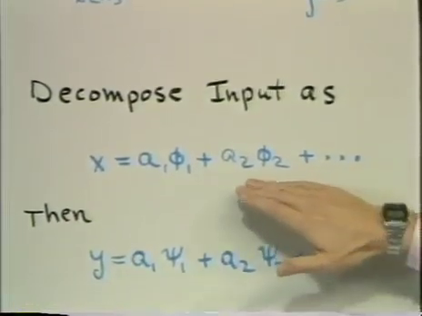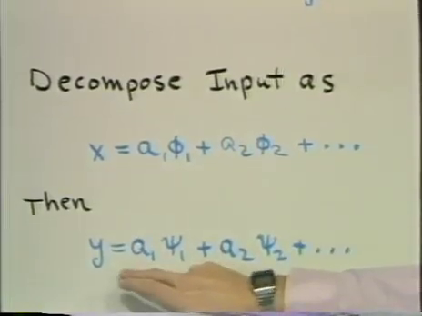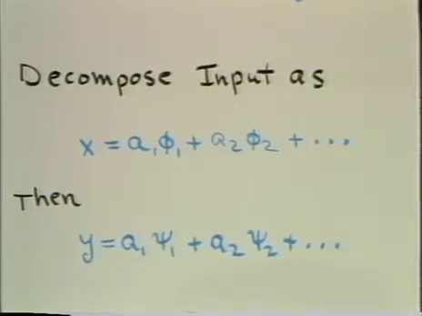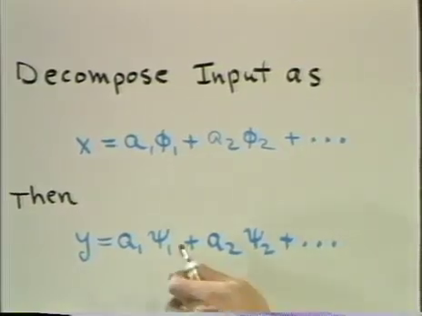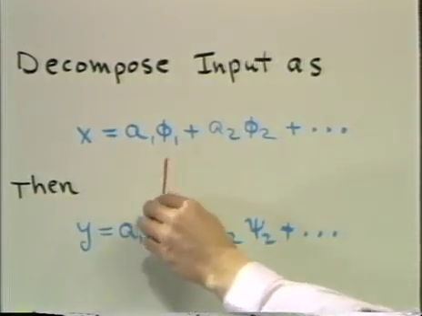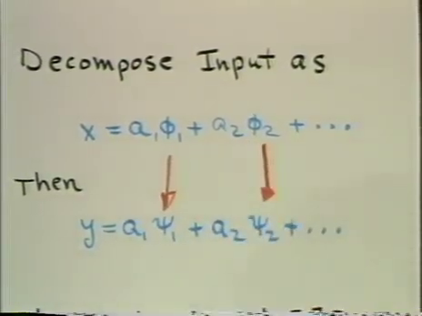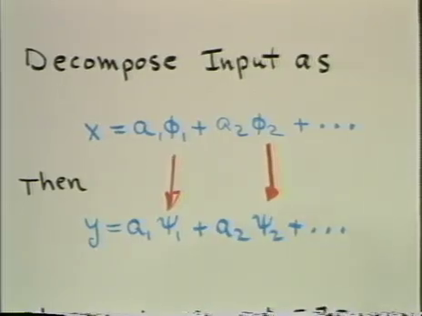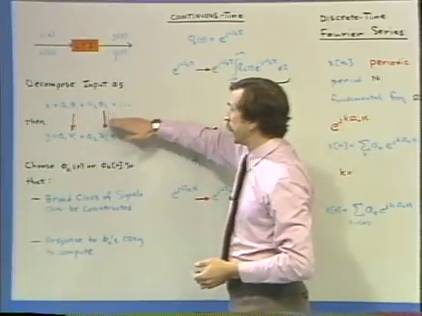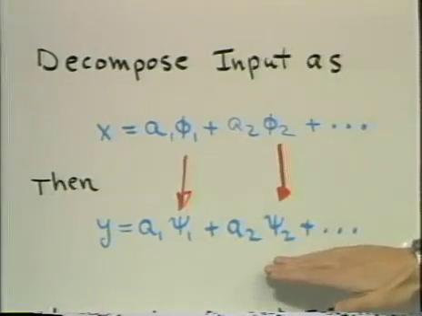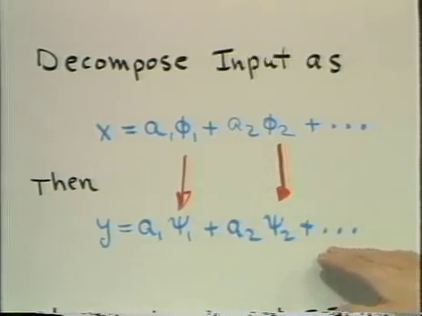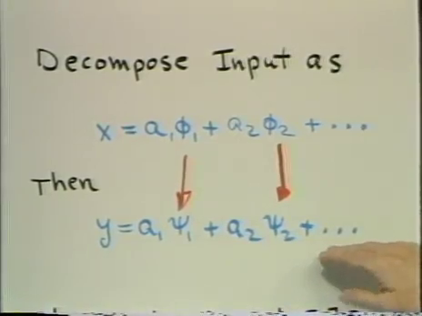And then because of linearity, the output could be expressed as a linear combination of corresponding outputs, where psi sub i is the output due to phi sub i. So basically what we attempted to do was decompose the input and then reconstruct the output through a linear combination of the outputs to those basic inputs.